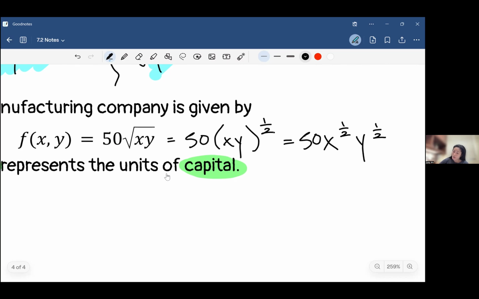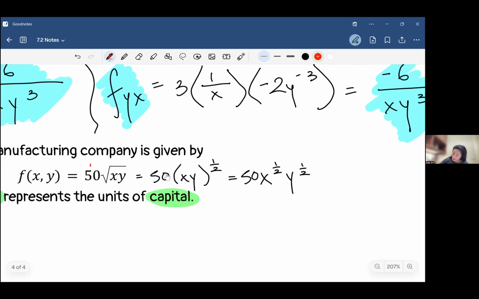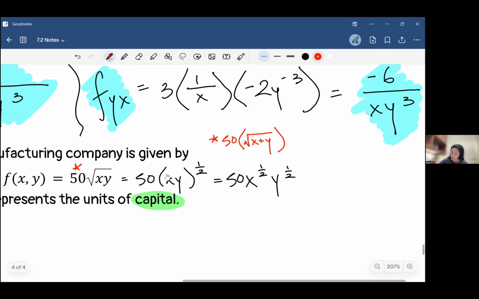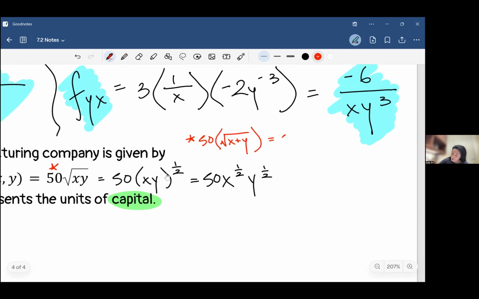Okay. Now I do want to make a little side note here that if this said 50 times the square root of x plus y, we're just changing one thing, multiplication to addition. We could say this is 50 times x plus y to the 1/2, but that's not equal to taking the square root of each part.